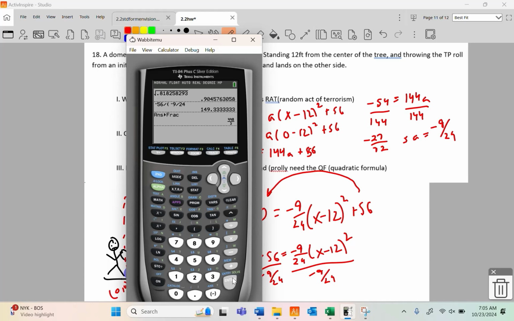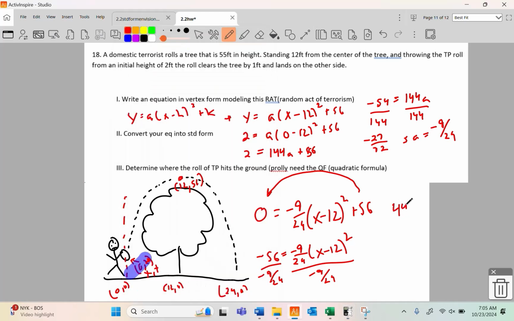Something that's not very pretty. 448 over 3 is equal to x minus 12, quantity squared. Now there's no way I'm going to be able to make this thing look pretty. I'm going to take the square root of both sides.